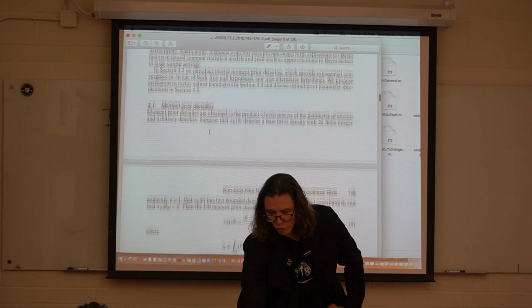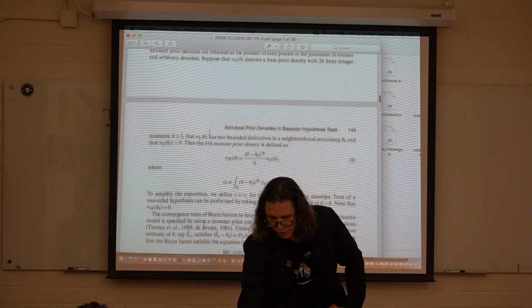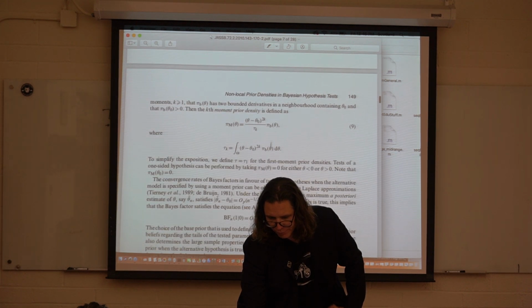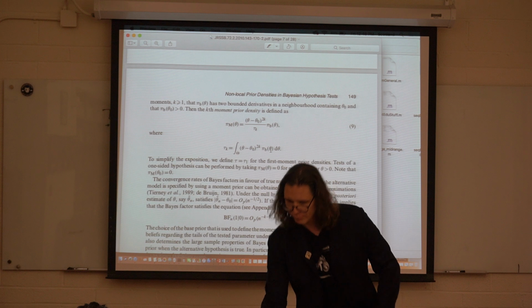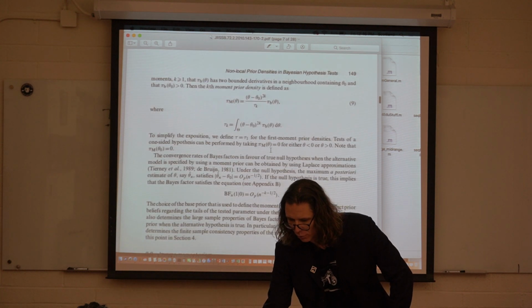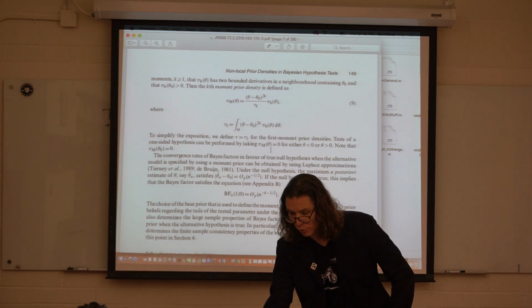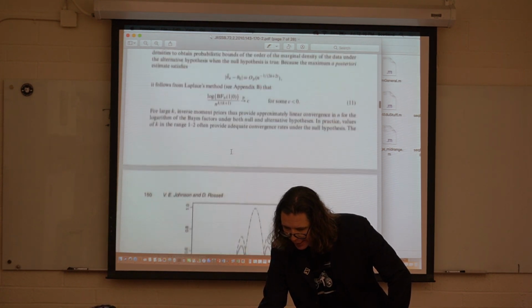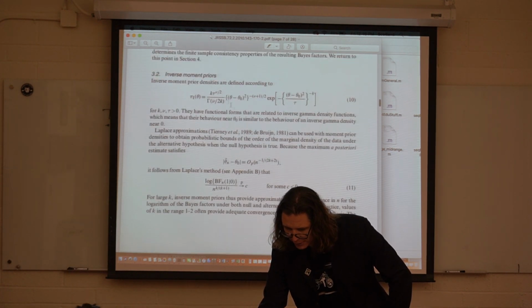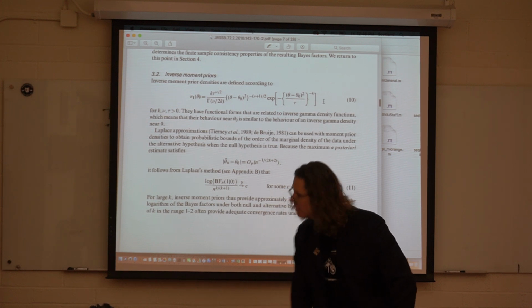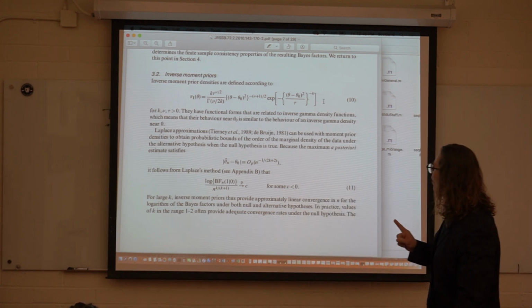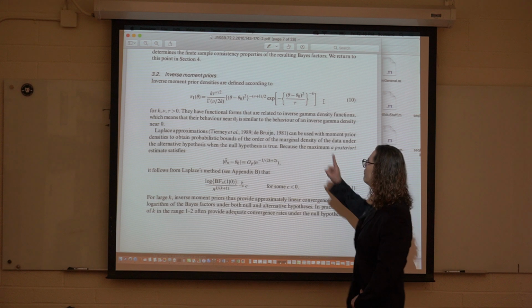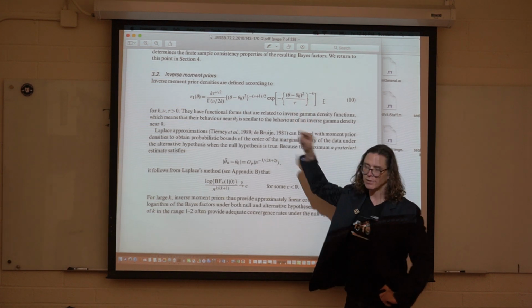And he proposes 2 different types of distributions. Here's one of them. It might look a little wonky to you, difficult to deal with, but here's one of their distributions. And they have another formulation as well. Here's another prior. So instead of the normal prior, Val Johnson proposes this.